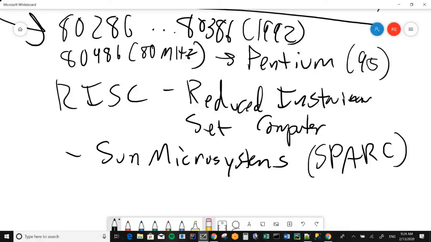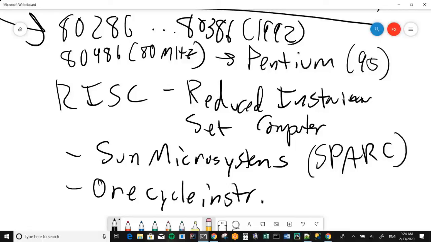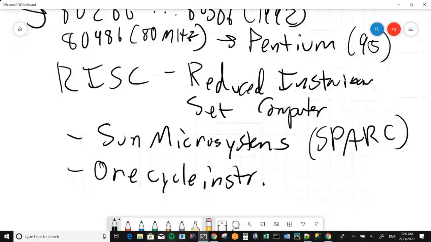And so the RISC machines had some premises, including one cycle instructions. There were and are Intel instructions that were going like 6 cycles, for instance, to execute. It was nuts.